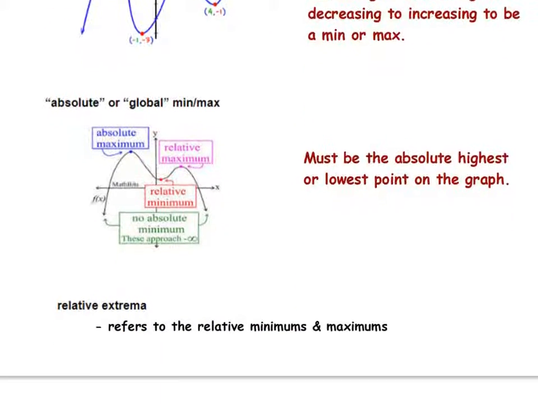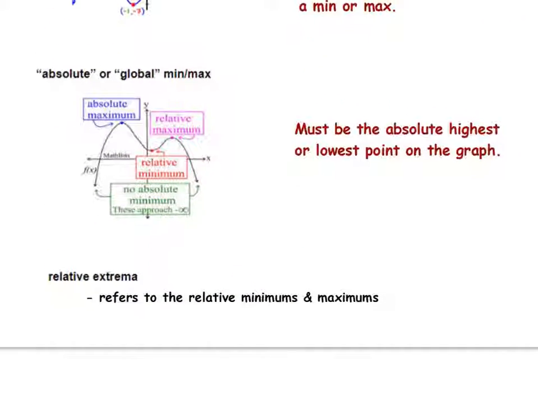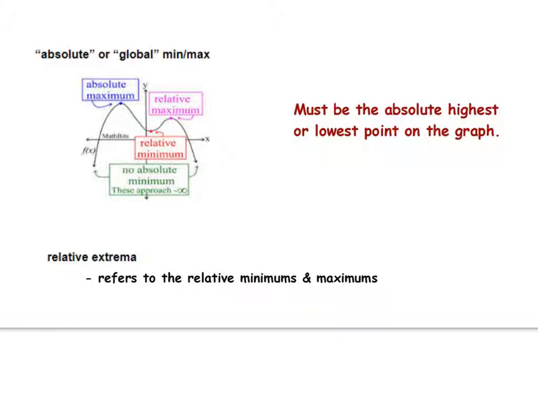We also have what we call an absolute or global minimum and maximum. To be an absolute maximum, it must be the absolute highest point in the entire graph. In this case, we have this point right here. That is the absolute highest point in the entire graph, so that would be our absolute maximum.